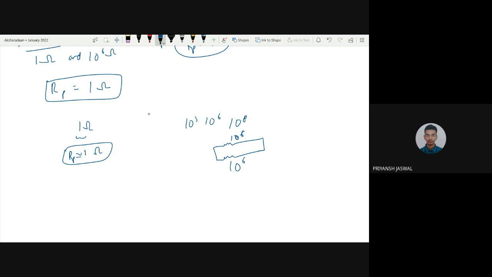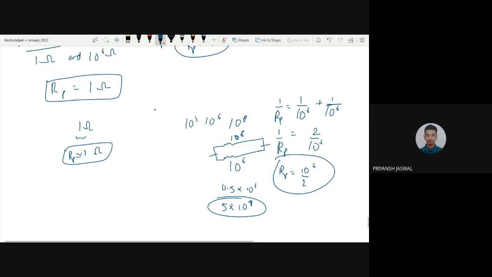So it becomes something like this. That is half the value of one of the resistances. So it becomes 0.5 into 10 to power 6, which is still quite big, not a small number. 10 to power 5, sorry.